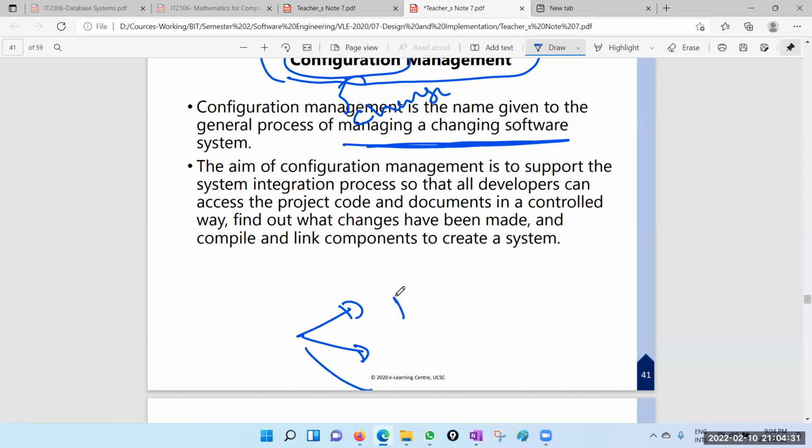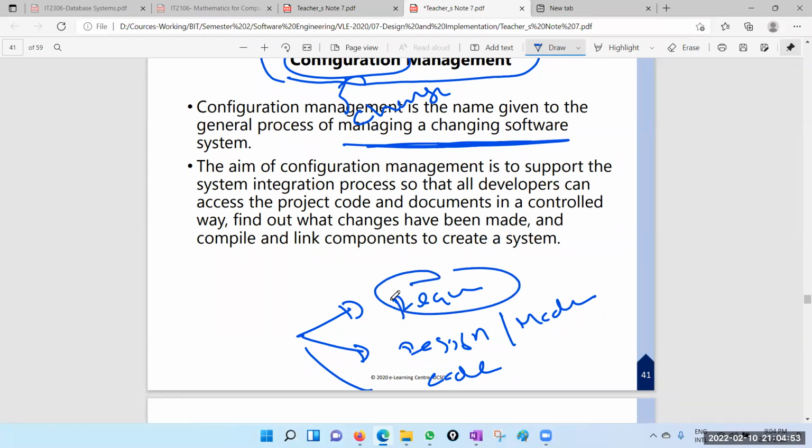Your requirements may change, your design artifacts and models may change, your software code may change, your test cases may change. So in simple terms, anything can change. Configuration management means we want to manage these changes in requirements, designs or models, and code. That is called configuration management.